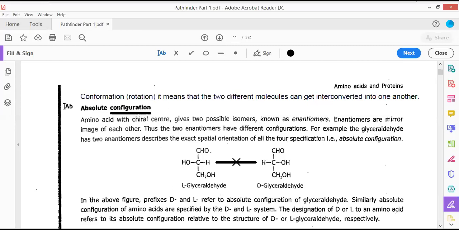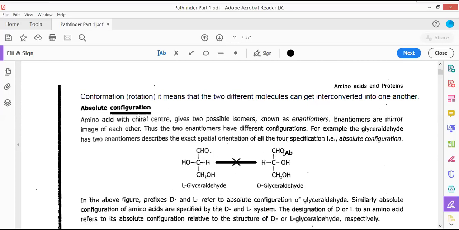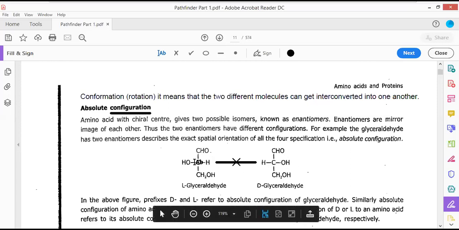For example, glyceraldehyde has two enantiomers. What do you mean by enantiomers? Enantiomers are mirror images of each other. Supposing you keep a mirror between these two structures, the two structures will be absolutely mirror images of each other, but they would be non-superimposable. Mirror images that are non-superimposable are said to be enantiomers.